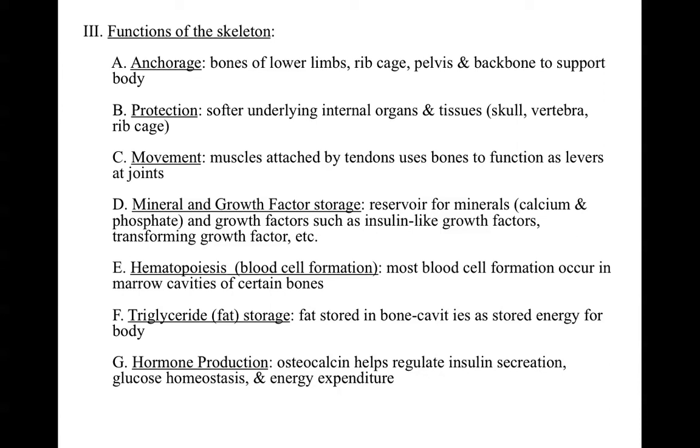So they fill with fat. It's triglyceride fat storage. And then there's some hormone production. Osteocalcin helps regulate insulin secretion, glucose homeostasis, and energy expenditure. And that's from your bones.